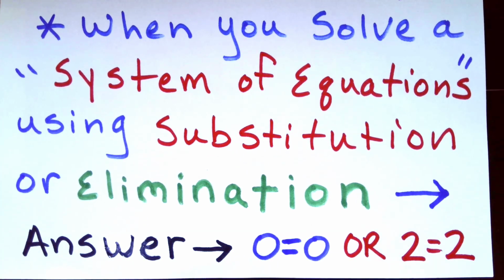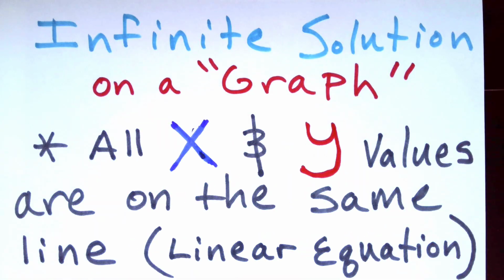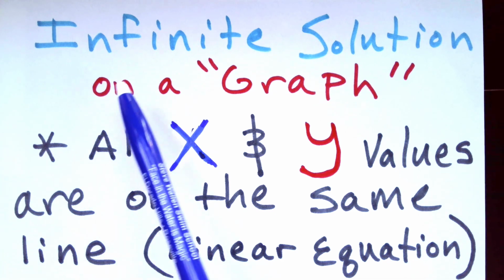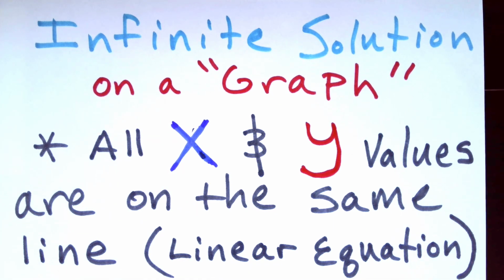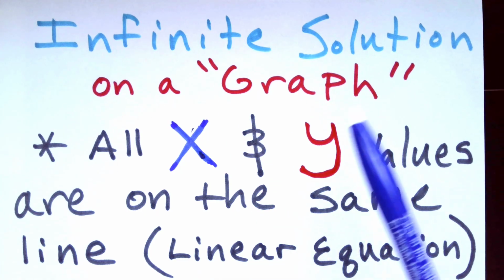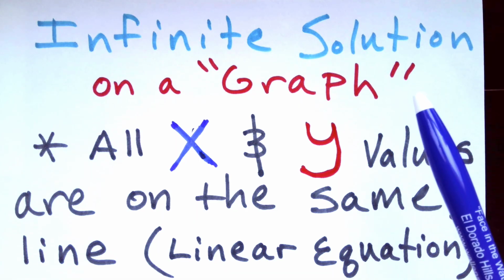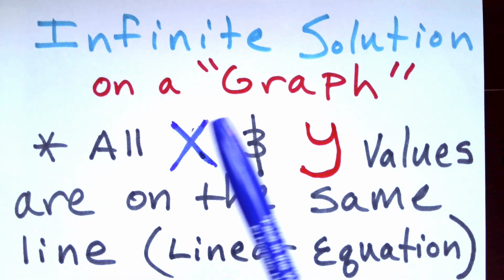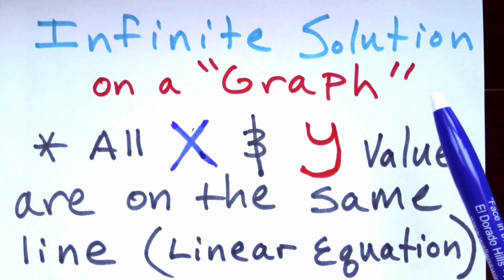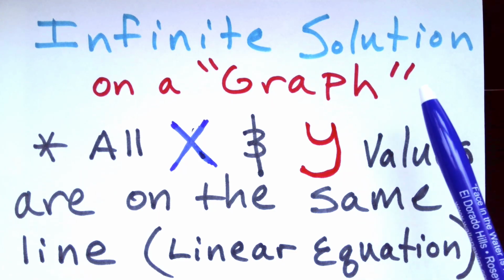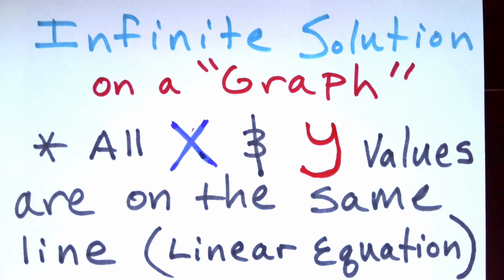When you graph a system of equations, if you get an infinite solution answer, all of the x and all the y values are on the same line or linear equation. So when you're graphing, basically, the graph of one equation will sit right on top, exactly on the graph of the other equation.